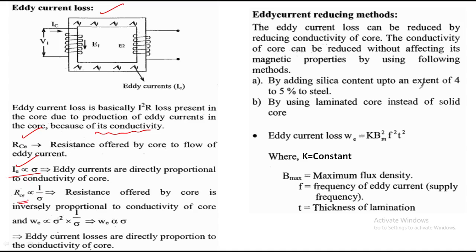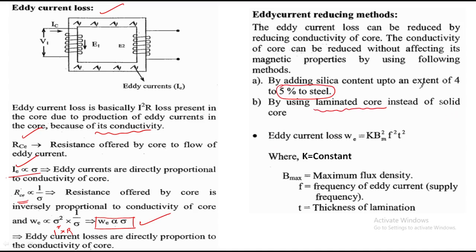Therefore, by using I square R, these eddy current losses are directly proportional to the conductivity of the core. And how can we reduce those eddy current losses? By providing 5% silica to the steel, or by providing a laminated core.